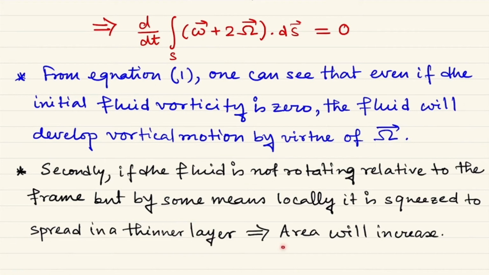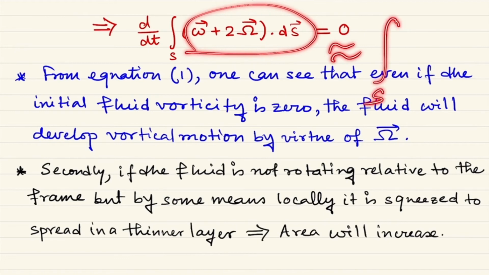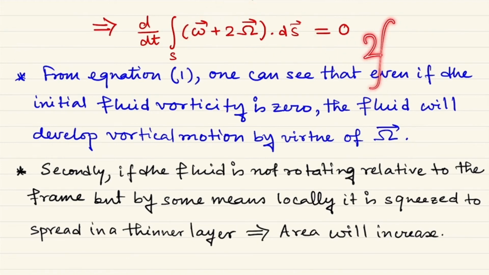Then of course its area will increase, and if its area increases, then, if the fluid doesn't have some considerable vorticity on its own, this thing will approximately be nothing but the integration of 2 times omega dot ds.